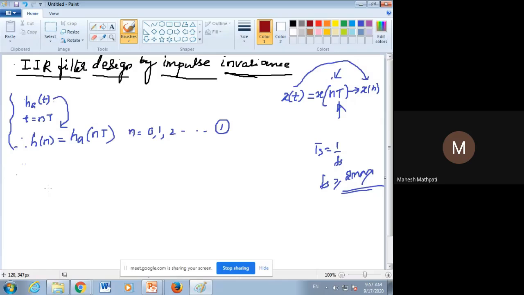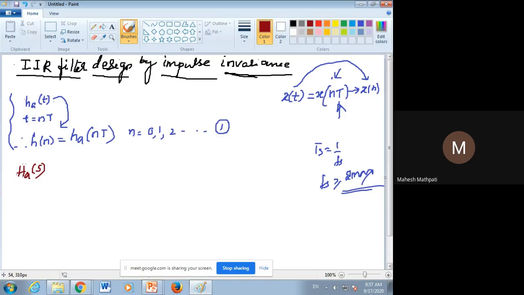Okay, just write down: let the system function of the analog filter be denoted as HA of s, full stop.